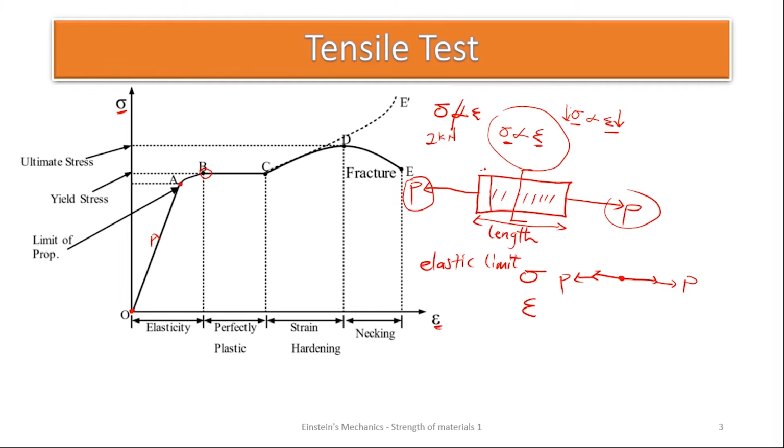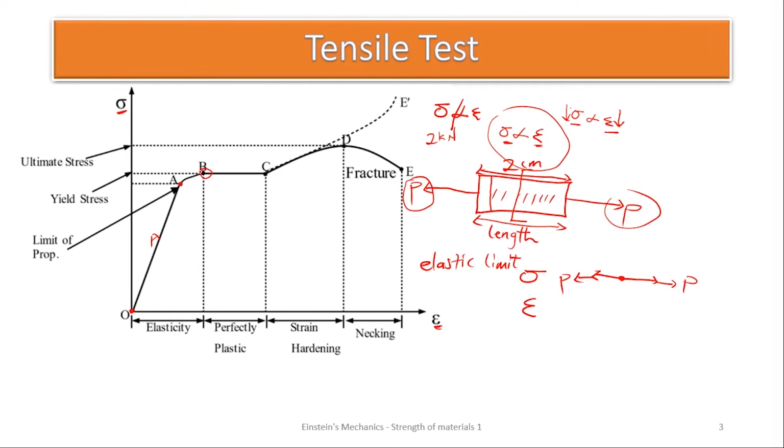So if the length was 2 centimeters when the material was originally made, after a certain period at B, we stopped applying the tensile force and the material came back to its original length. No deformation happened.